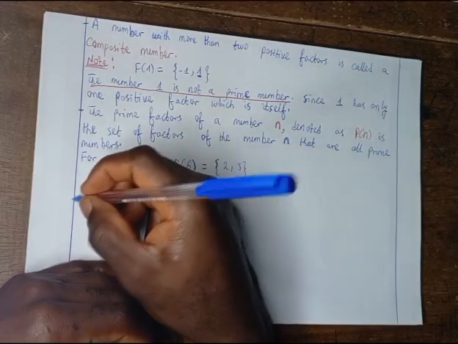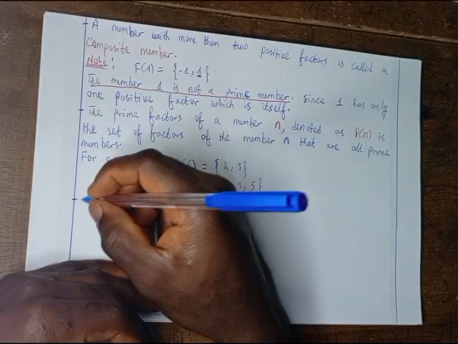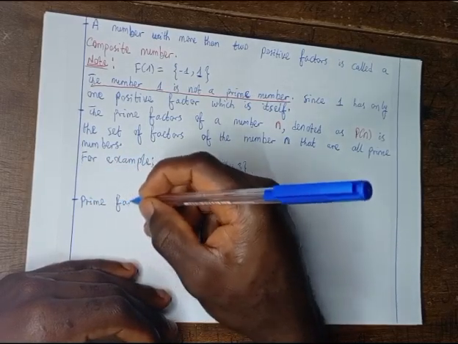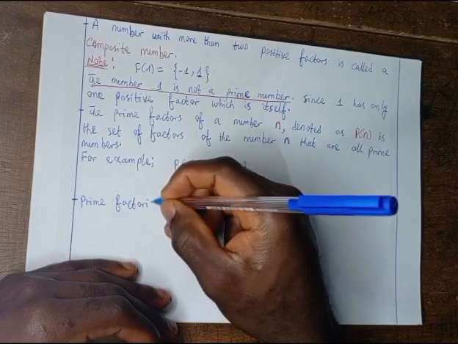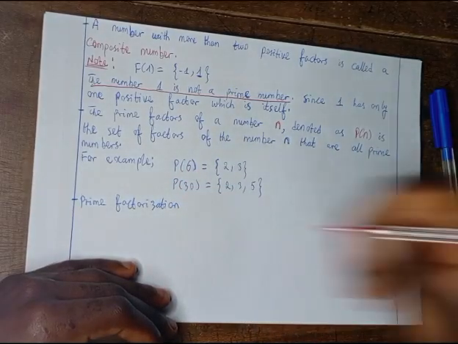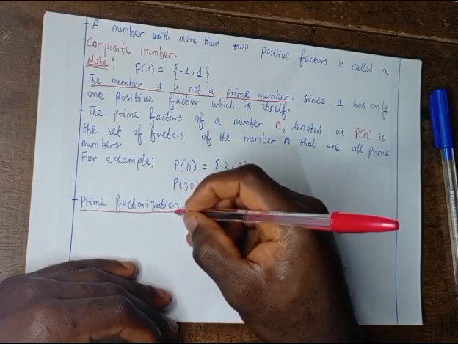We take now the next hyphen. Prime factorization. Underline prime factorization with a red pen.